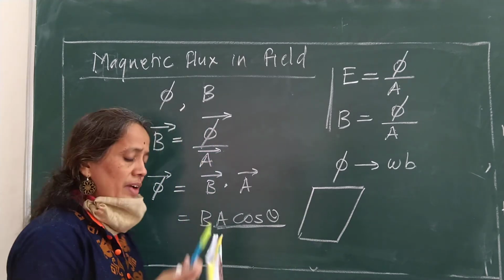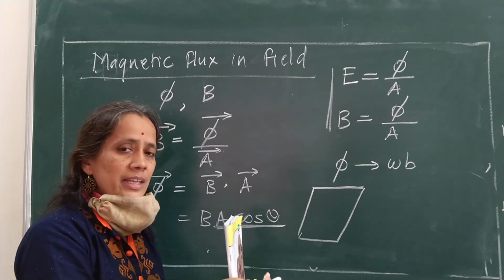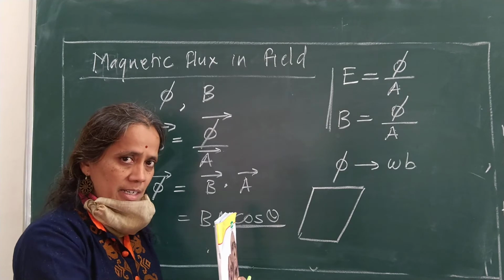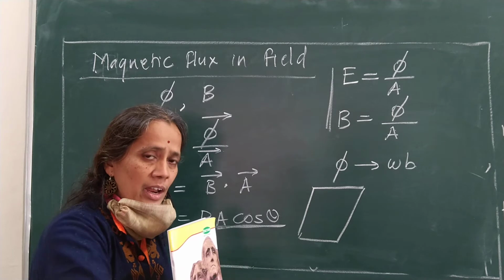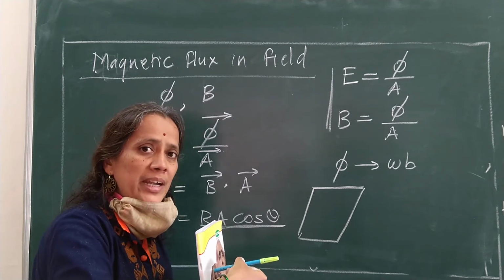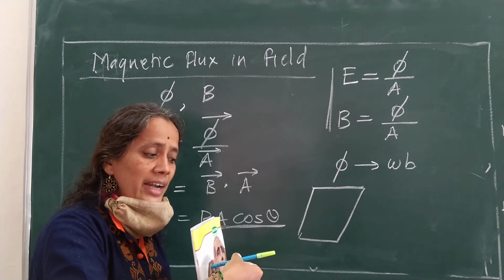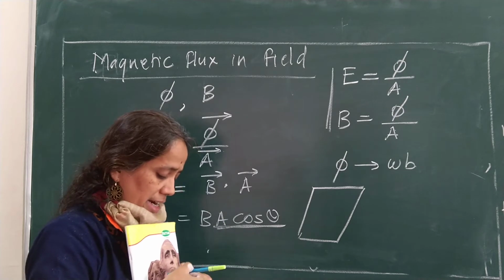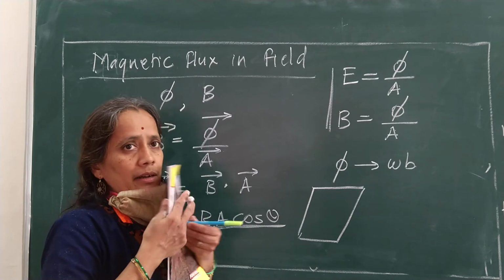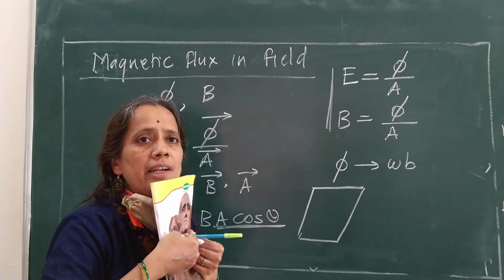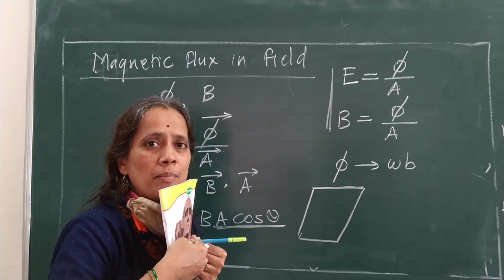If I am saying that chalk indicates the direction of magnetic field, here is a certain surface. From the surface I have selected a small area dA. To that dA I have drawn a perpendicular component of area. So your perpendicular area vector and your chalk indicating magnetic field are both parallel to each other, means your magnetic flux becomes maximum.